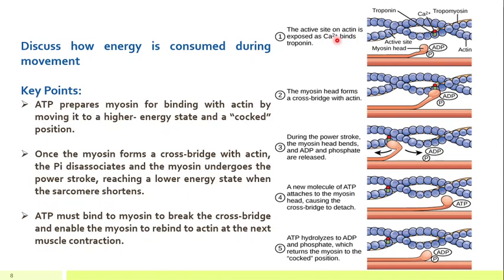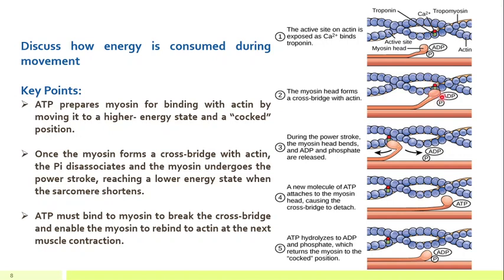The second step, see in the diagram here: the calcium ions get attached to the troponin molecule and the actin filaments get activated, due to which the myosin head releases one phosphate molecule from the ATP molecule and binds to the myosin molecule.